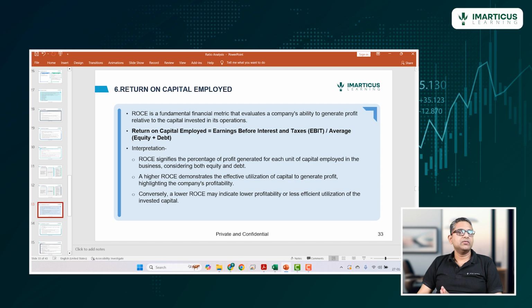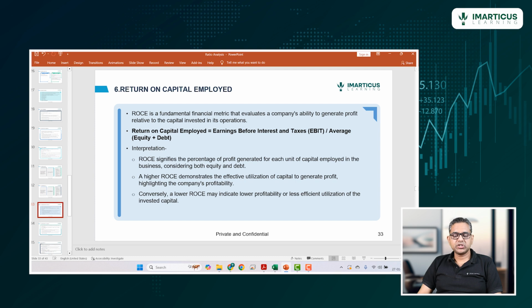So in the numerator, we were using only net profit. But here, in case of return on capital employed, in the denominator, we are talking about both debt and equity. And hence, in the numerator, to synchronize it, we are using EBIT, a return measure which belongs to both debt and equity.